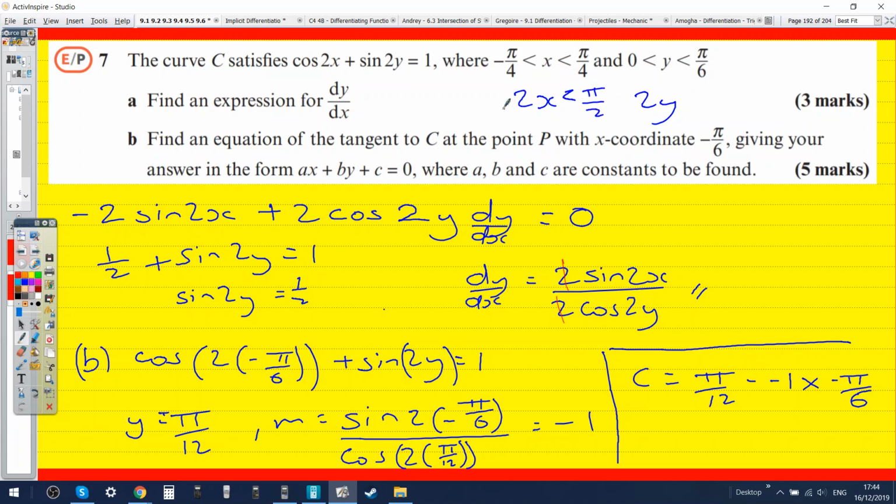So that's pi over 2, that's minus pi over 2. Then the 2y one is 0 and pi over 3, or 2 pi over 6. So we get pi over 6, that's 2 pi over 6. That's fine.